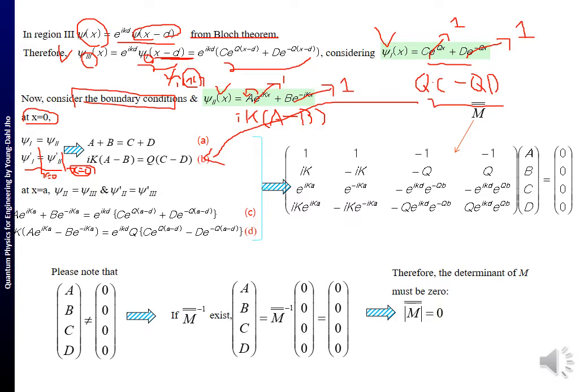We apply this process for the boundary at x equal to a. So again, psi 2 is equal to psi 3 at the interface, and psi 2 prime and psi 3 prime should be the same.